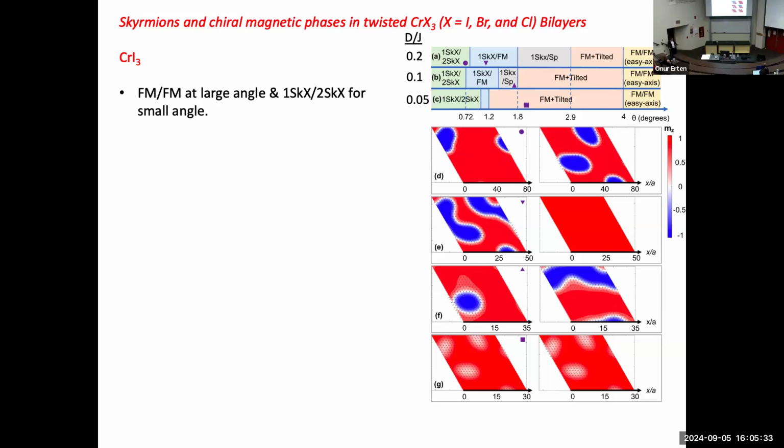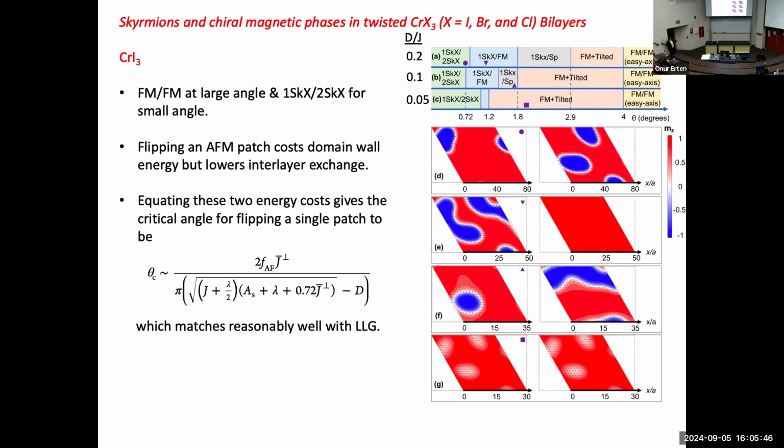So why does this happen? Well, mainly when we flip one of these antiferromagnetic domains, we gain interlayer exchange, but we pay a domain wall cost. By comparing these two, we can make a back-of-the-envelope analytical estimate for this transition, which matches pretty well with our numerical calculations.